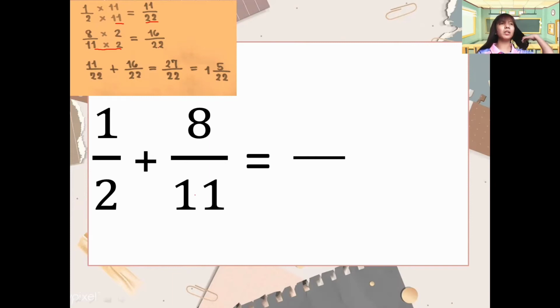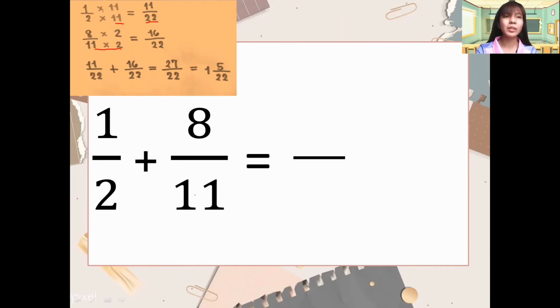So we can multiply or change each fraction when necessary, because for example the 2 here, there is no number that you can multiply to 2 that could make it 11. So that's why we need to change both fractions when necessary.